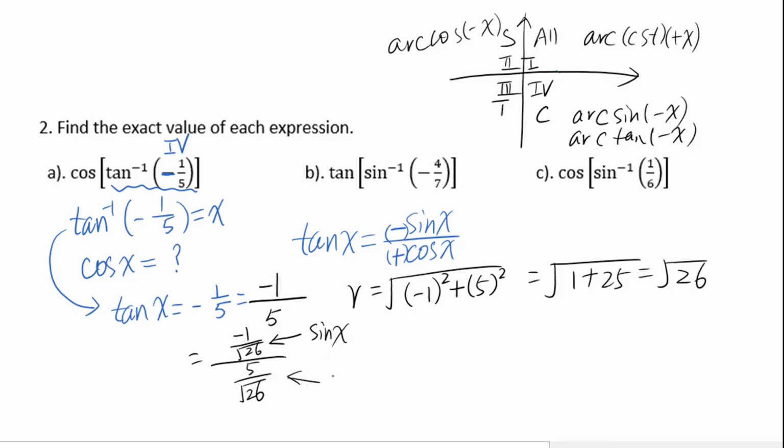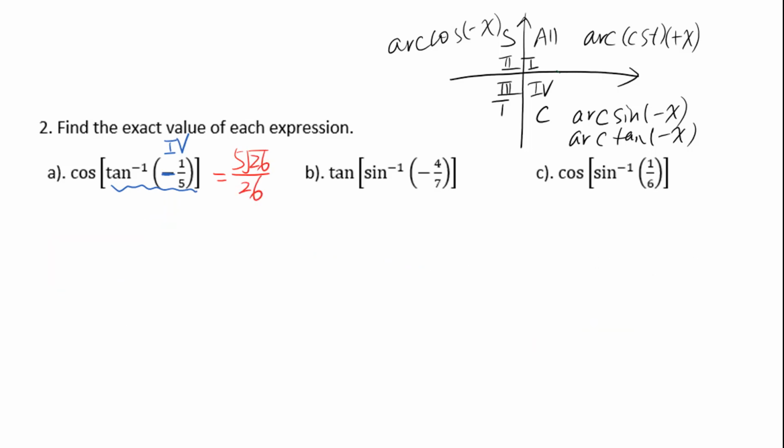This will be cosine x. So cosine x equals 5 over square root of 26. That is 5 square root of 26 over 26. So your answer will be 5 square root of 26 over 26.